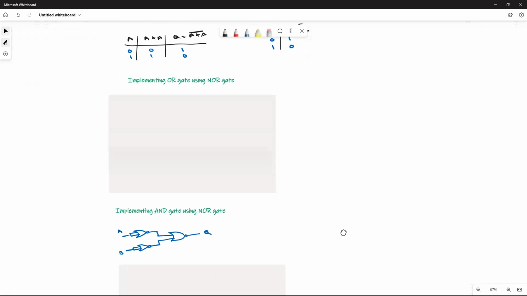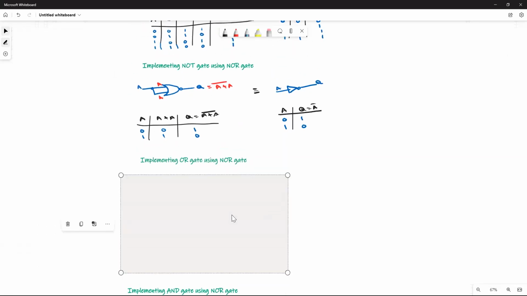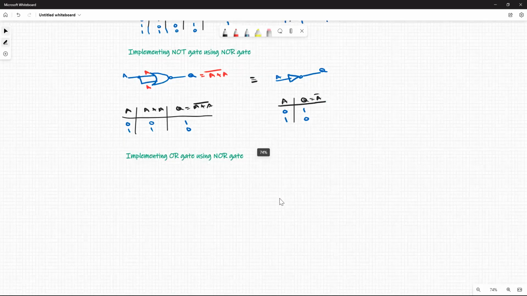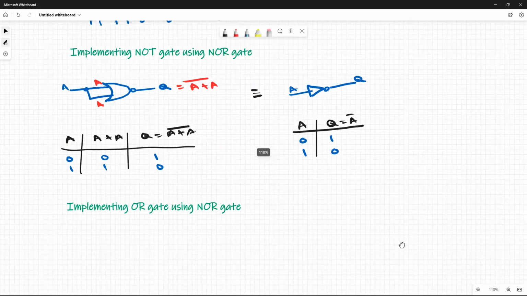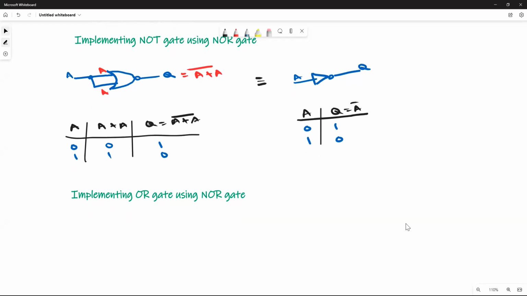So let me quickly do this for you. Right now, what I'm going to do is implement an OR gate using NOR gates.